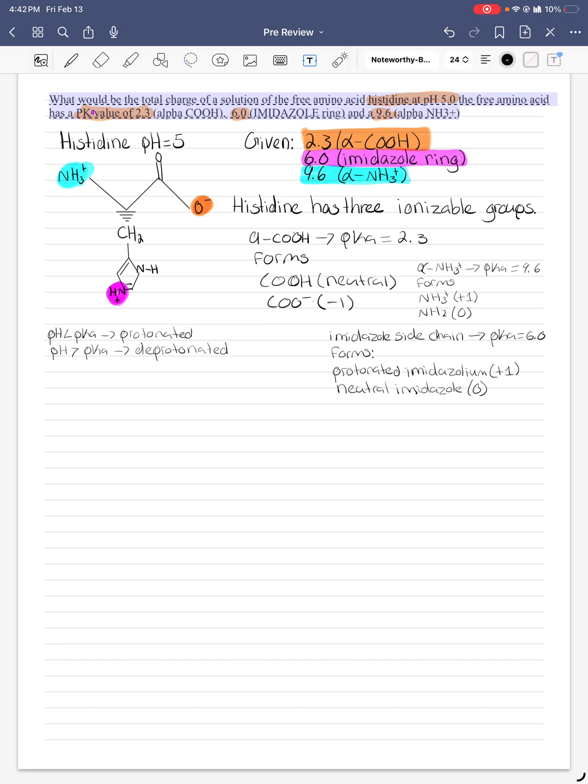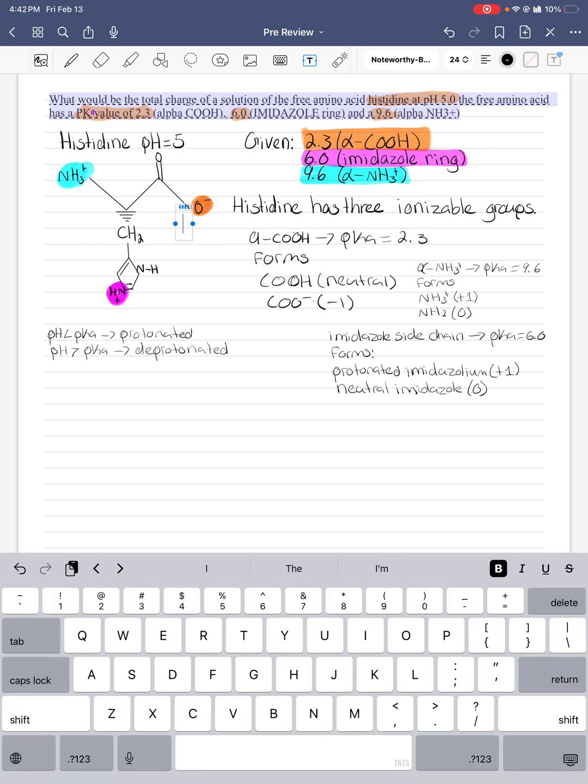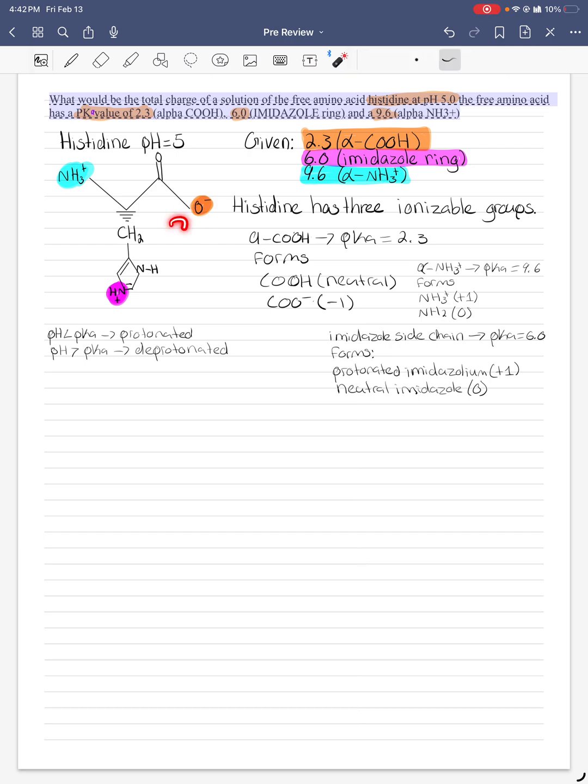So for the alpha COOH, the pKa is 2.3, which is right here, right? And the question is, is the pH 5.0 higher or lower than 2.3? So the pH is higher than the pKa.